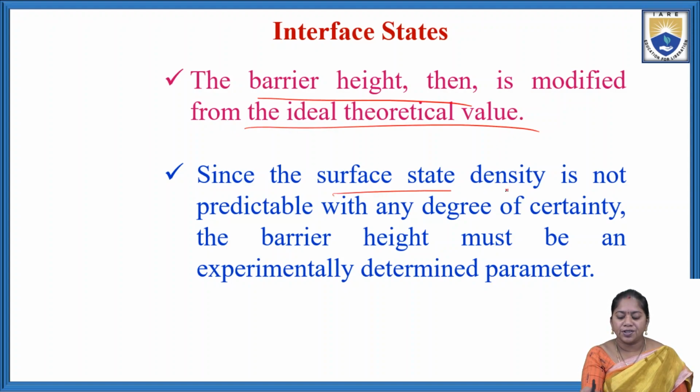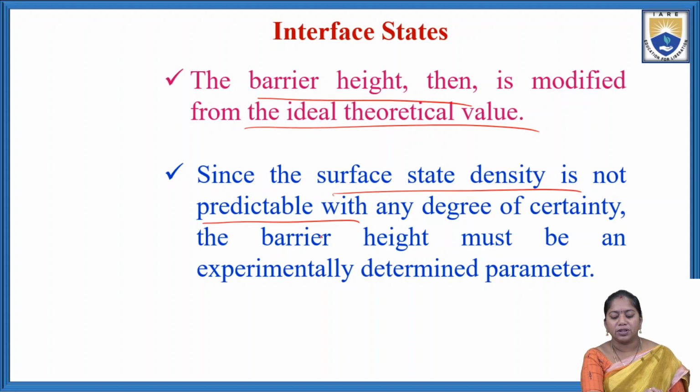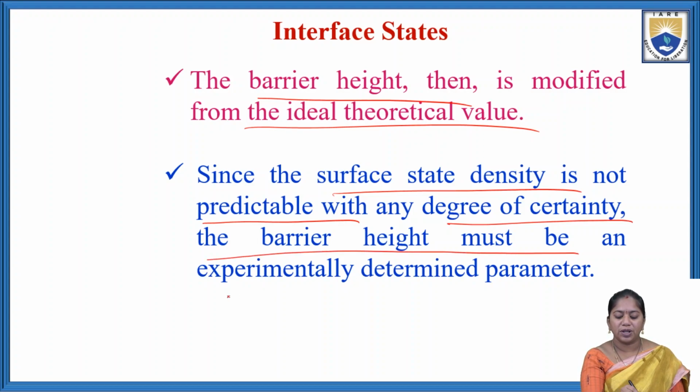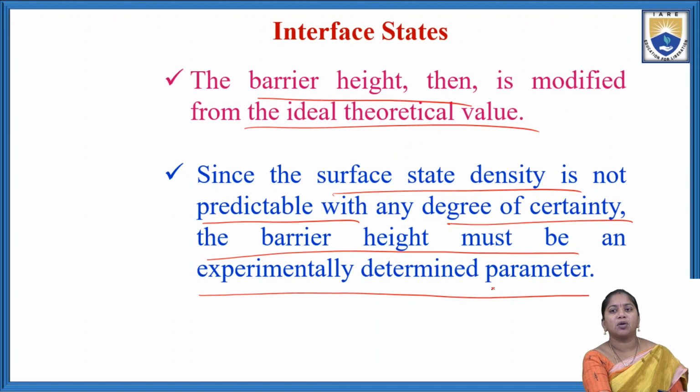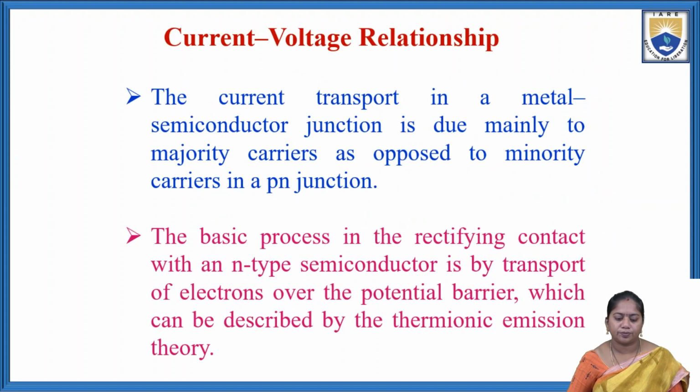Because the surface state density is not predictable with any degree of certainty. That's why the barrier height must be an experimentally determined parameter, which can be determined from experimental results.